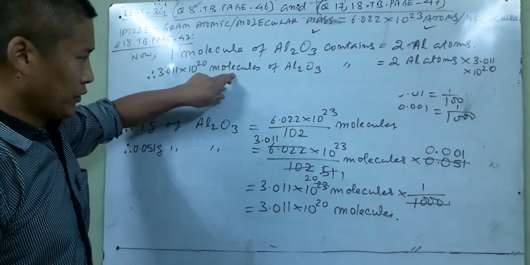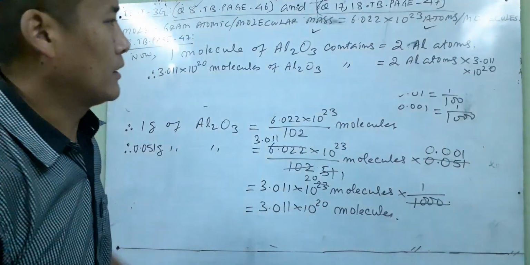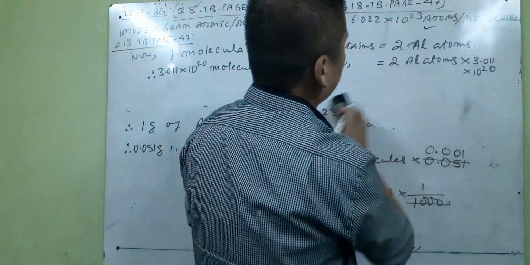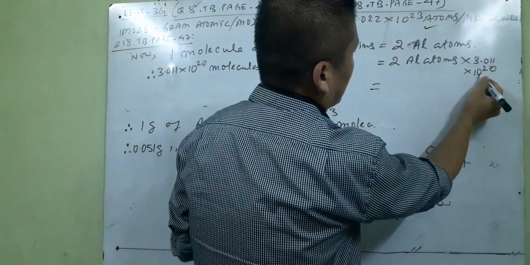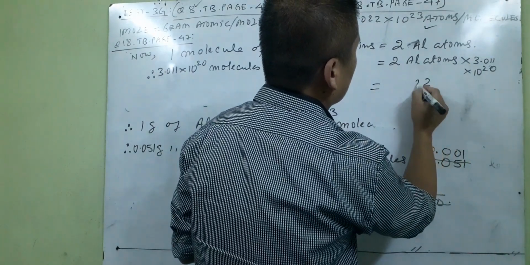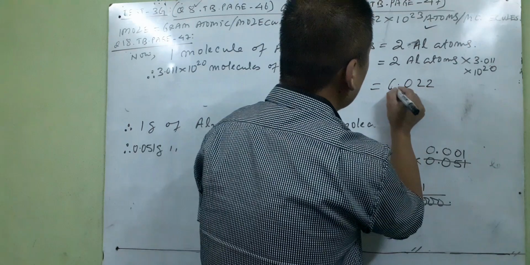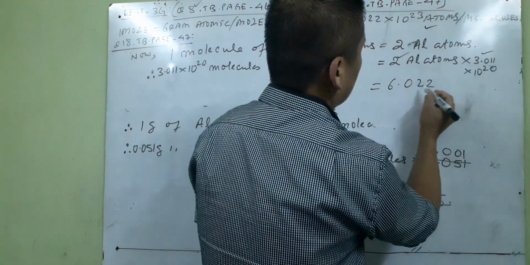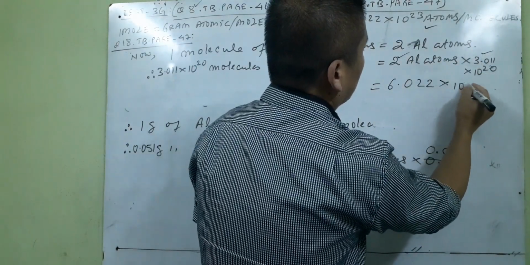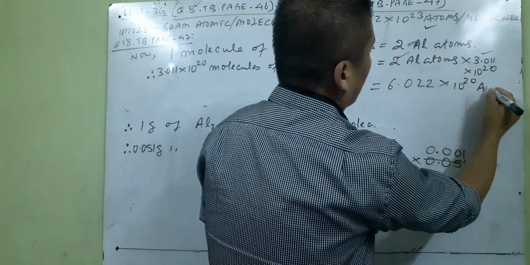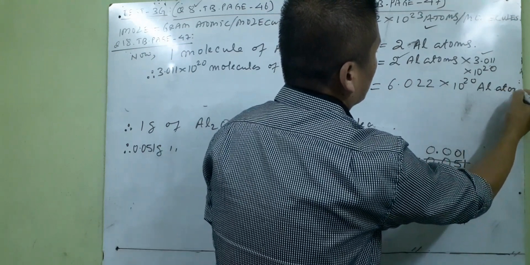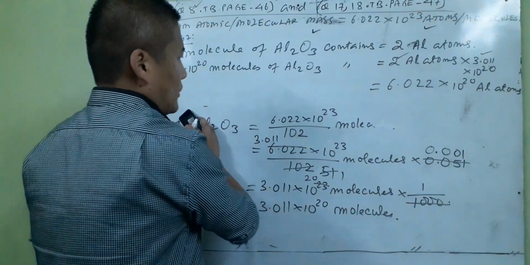And we should not bring molecule, the left side unit, to the right side. So which is nothing but equal to 2, don't multiply this, 2 ones are 2, 2 ones are 2, 2 zeros are 0, 2 threes are 6. So when you multiply this to this, you get 6.022 into 10 to the power 20 aluminum atoms, right? So that is your answer.